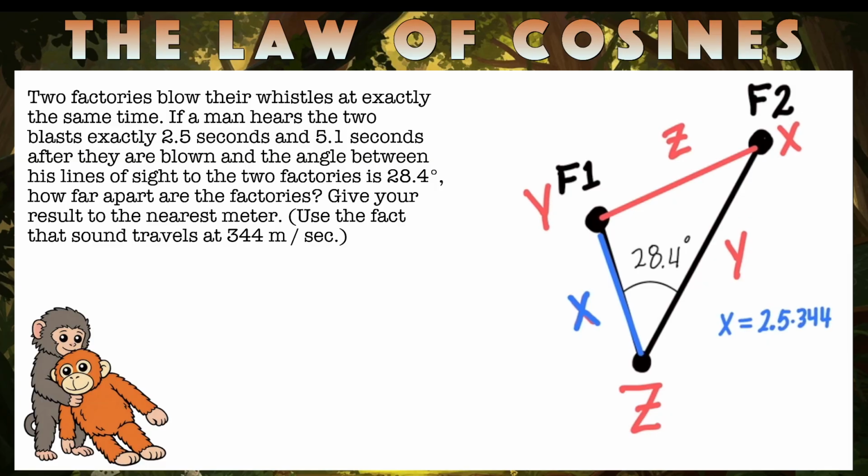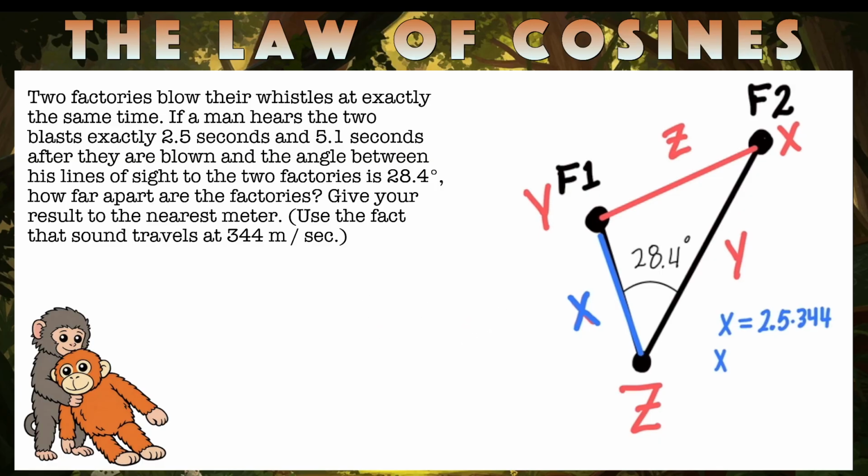Now, if you're unsure, your units tell you a lot. 2.5 seconds and 344 meters per second. Well, what happens if you multiply seconds by meters per second? The seconds cross out and you get meters. So that makes sense, right? We want our answer to be in meters.